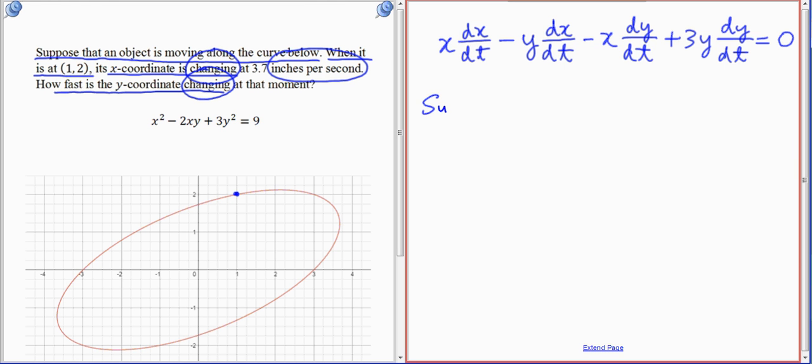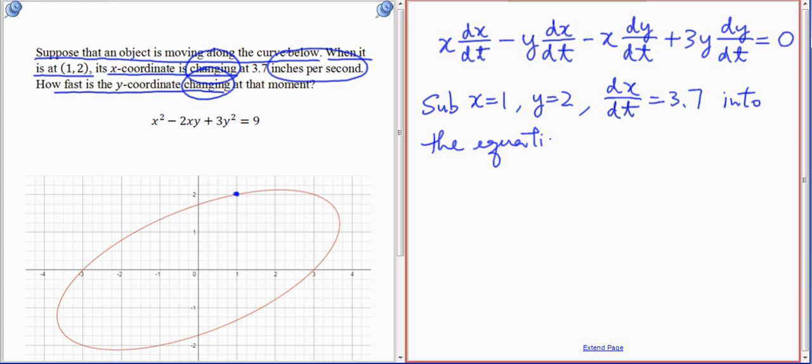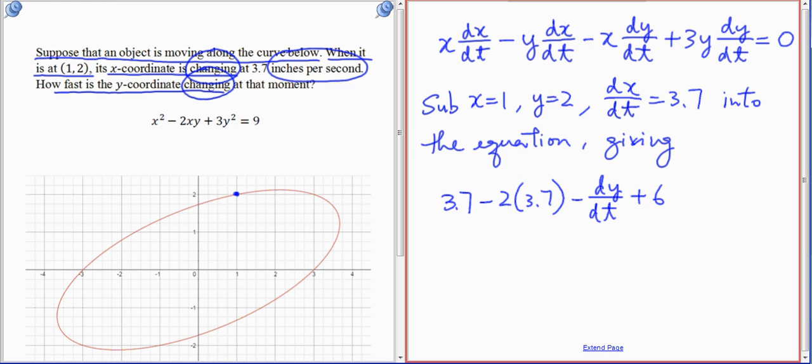And now we are going to substitute x equals 1, y equals 2, dx/dt equals 3.7 into the equation, giving 3.7 minus 2 times 3.7 minus dy/dt plus 6 dy/dt equals 0.